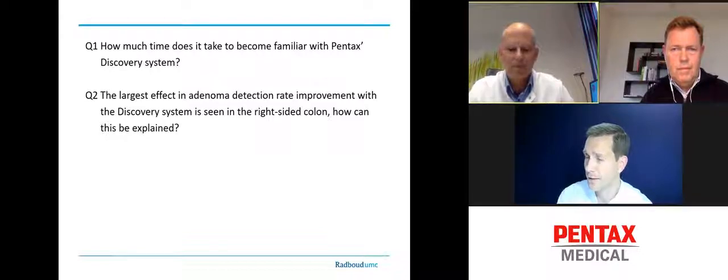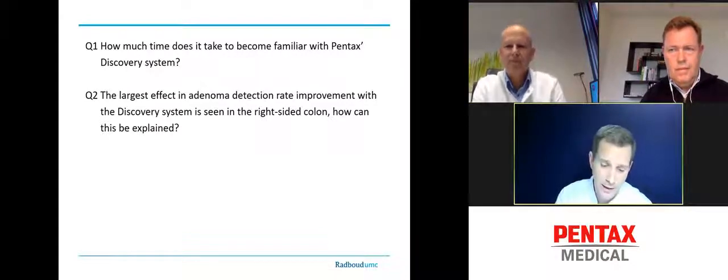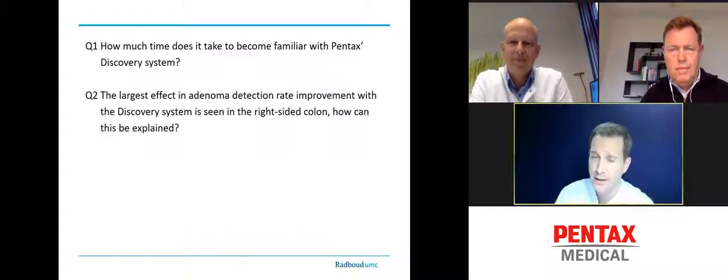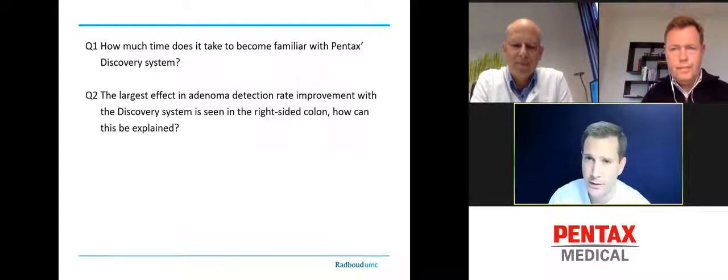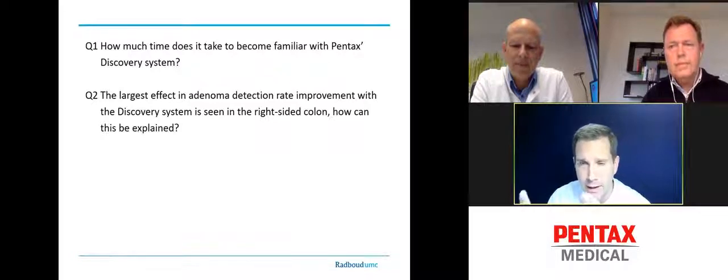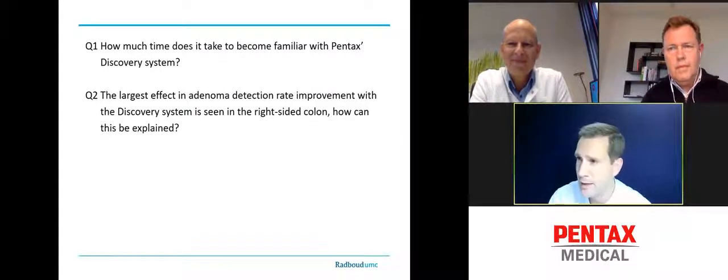Yeah, that's exactly true. As far as we can tell from these really pilot data, it's especially good for detecting flat lesions in the right colon. And I think there are 2 things to consider. We learned last year from a large meta-analysis published in Gastroenterology that adenoma miss rates reach up to 26%.